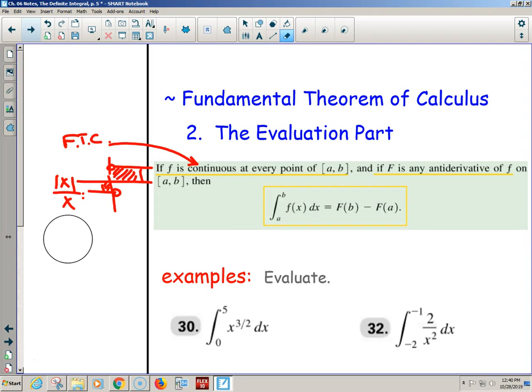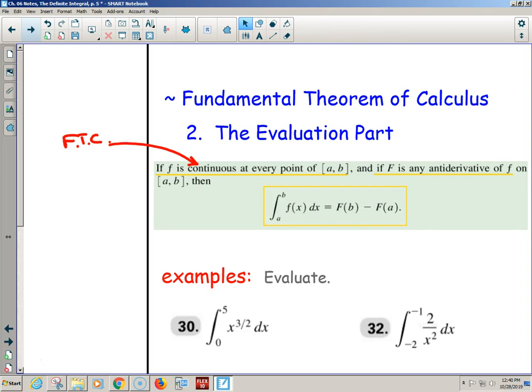Does the distinction make sense? Discontinuous functions can have integral answers, but FTC couldn't solve for it, or shouldn't be used to solve for it.